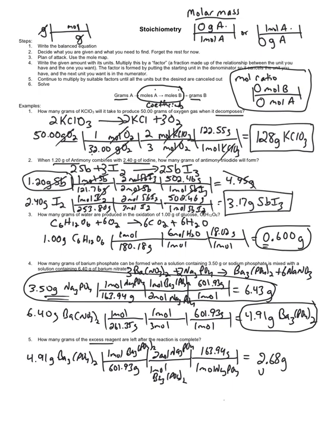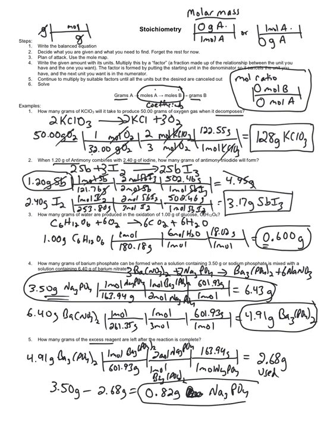This is the amount of excess reactant, the sodium phosphate, that has been used up. Well, you'll notice above, we started with 3.50 grams. So now if I subtract, what is left is the amount of grams of sodium phosphate that is left over once this reaction reaches completion.